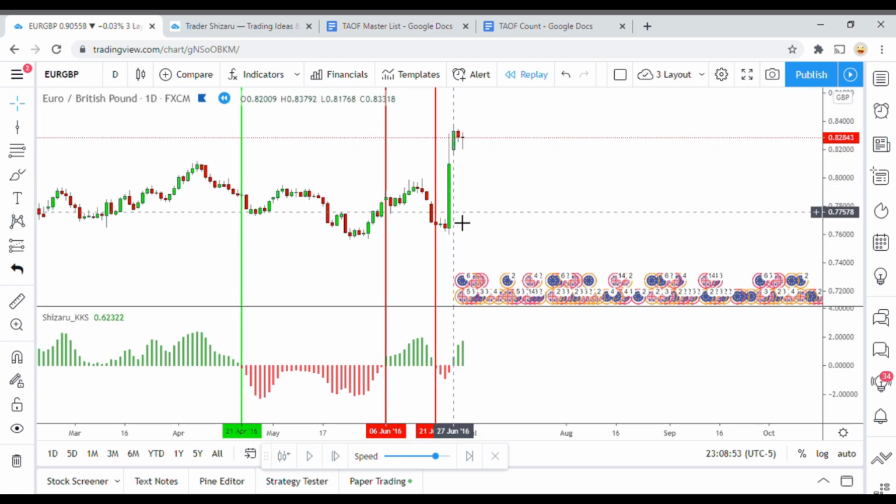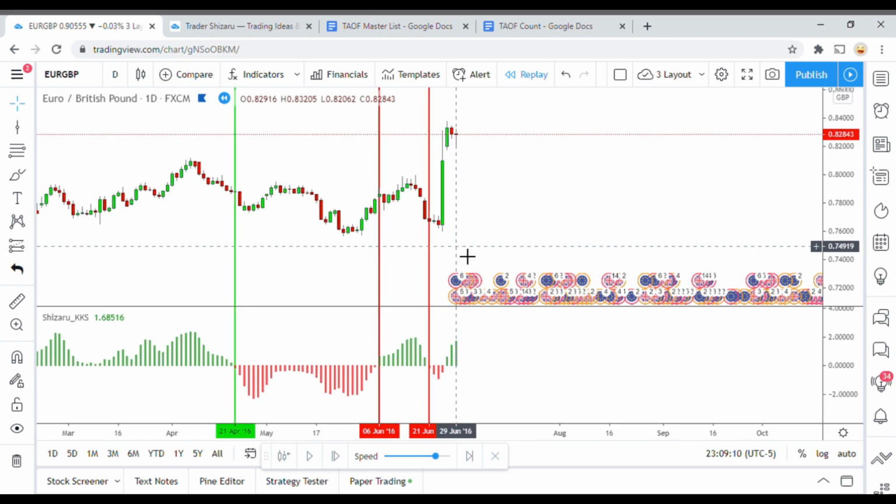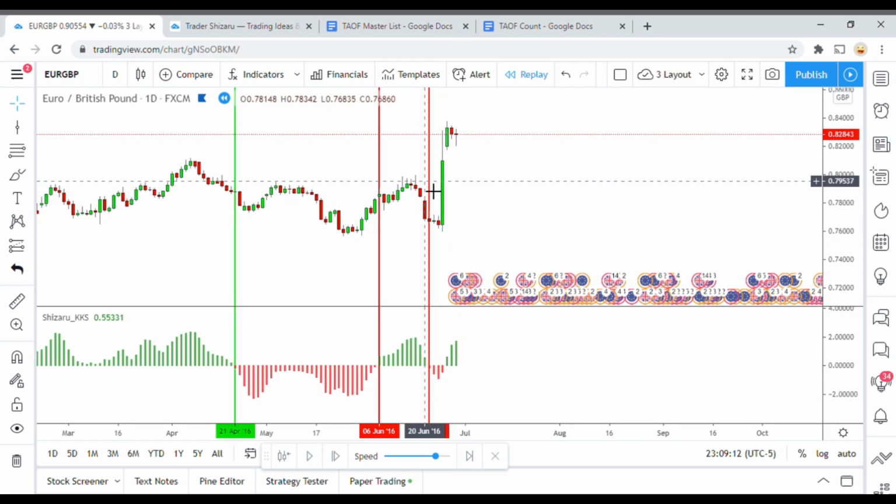I'm not really sure. Like I said in one of my last videos, if there's ever a question, say on this particular bar right here, it hit both the take profit and the stop loss in the same bar, then we always count it as a losing trade. We don't want to set ourselves up for failure.